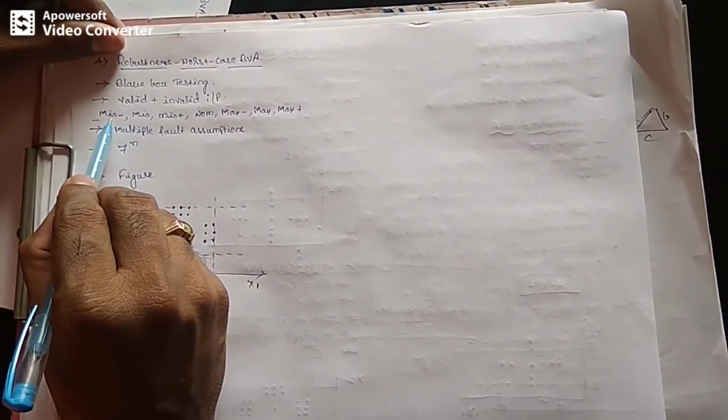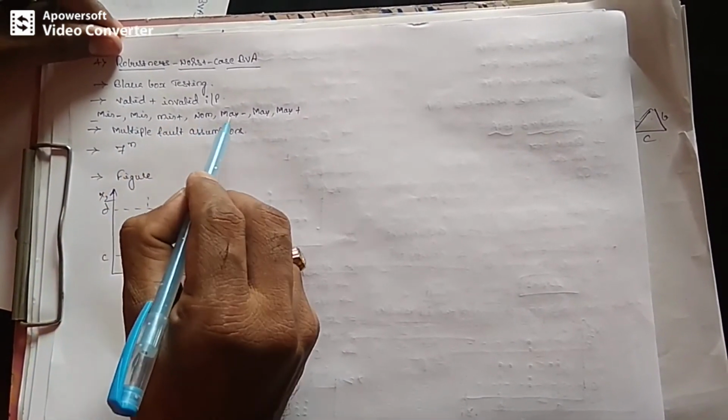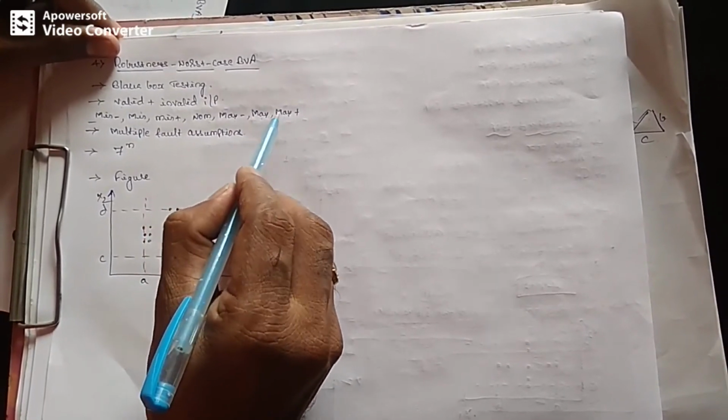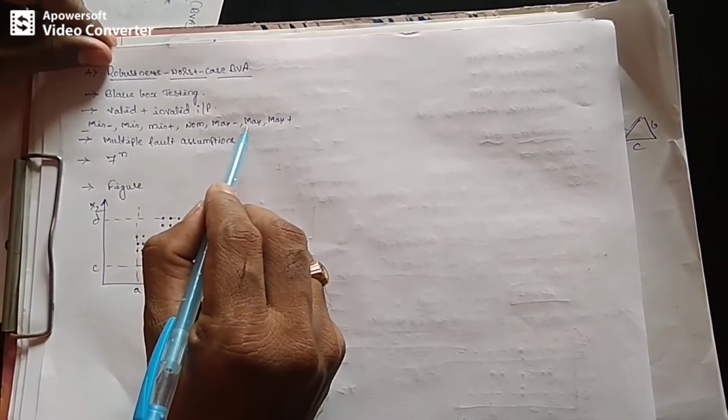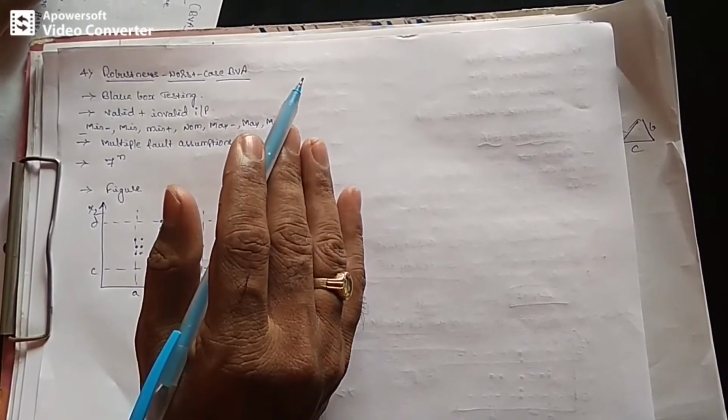One is, you can see here, minimum minus, minimum, minimum plus, nominal, max minus, maximum and maximum plus. Here the maximum plus and minimum minus are the invalid input variables and the remaining 5 are all valid input variables. So these input variables we are using as input to test your given program.